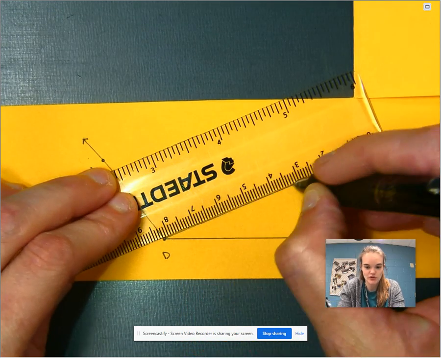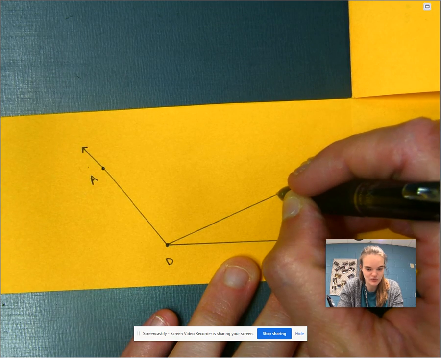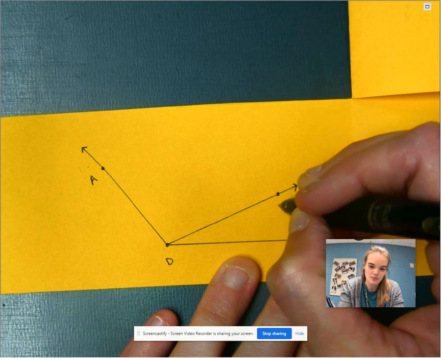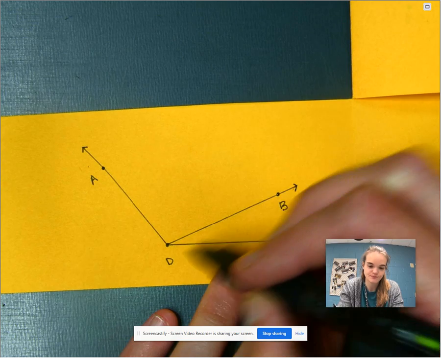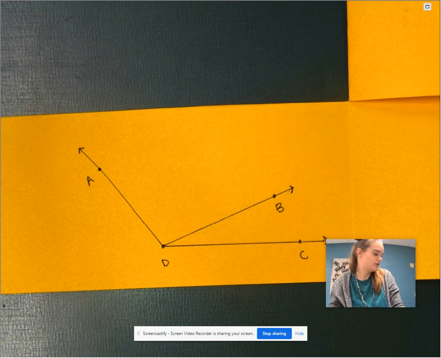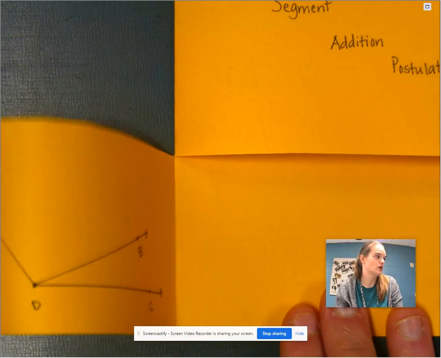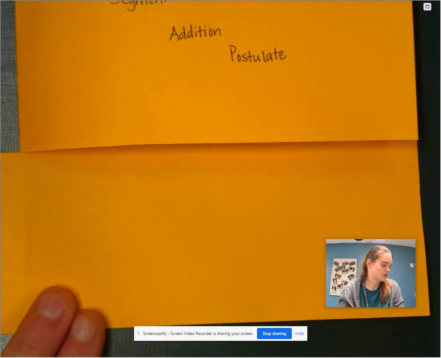Remember when we were talking about naming stuff and I said whatever you do, be careful about naming things with just one letter? Because if I said angle D now, that can be any of the three that are sitting here. You're going to see what I mean in a minute. So let's highlight and talk about these. Got that drawn? If you don't, you're pausing it. Scoot on over.